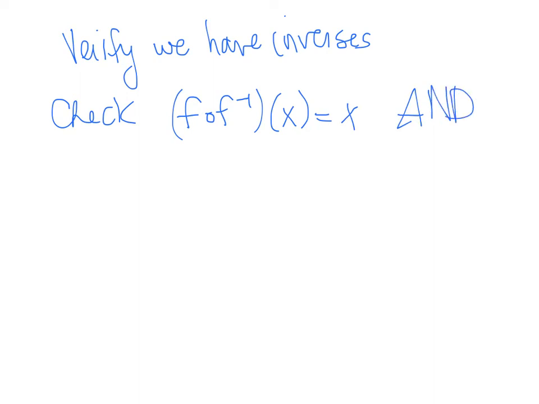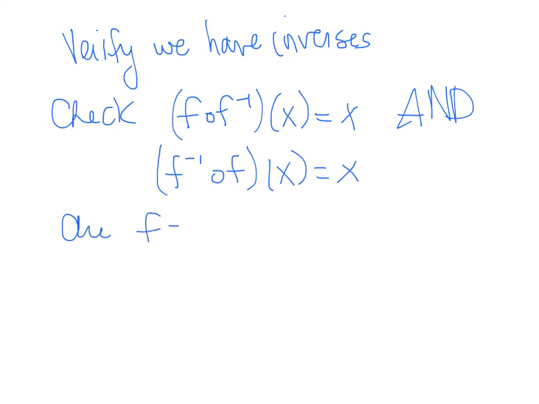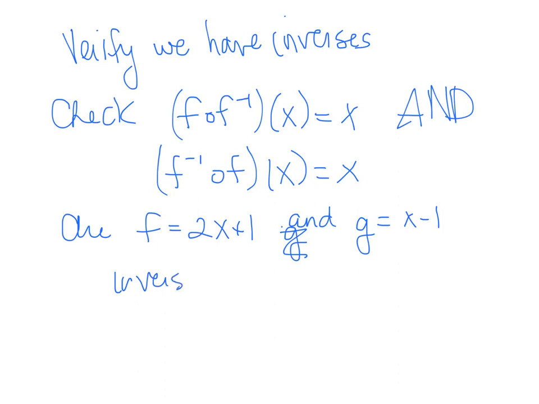And if you look at the inverse and compose it with the function, you would get x as well. So I can ask you things like, are f, which is equal to 2x plus 1, and g, which is equal to x minus 1, inverses of each other.